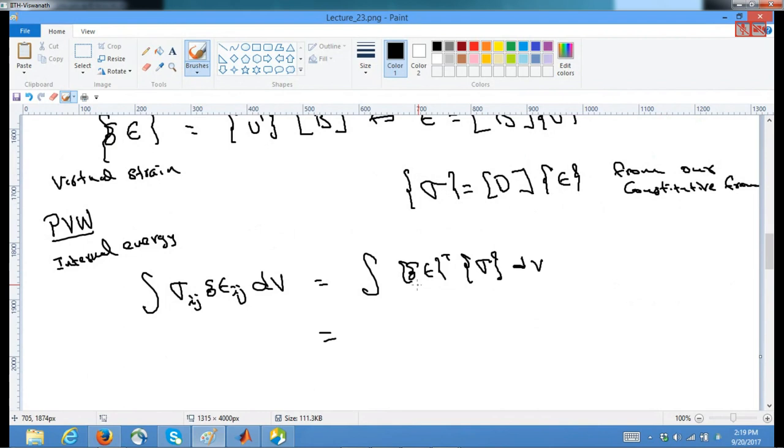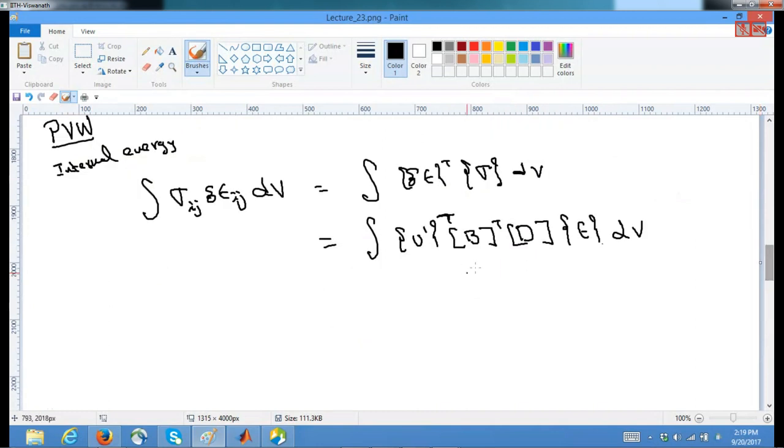So if I substitute this one, this will be U dash B transpose, this one will be D times epsilon dV.